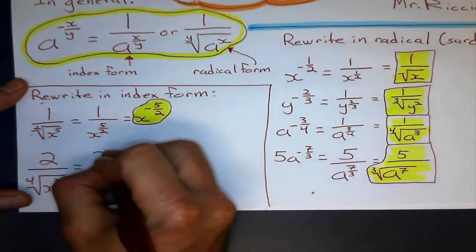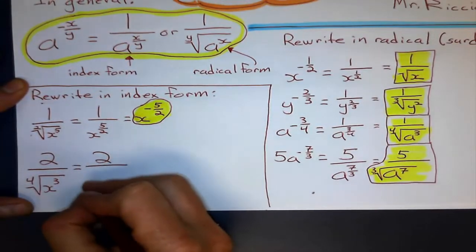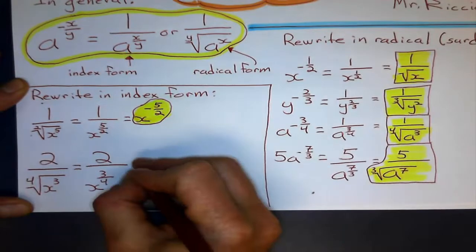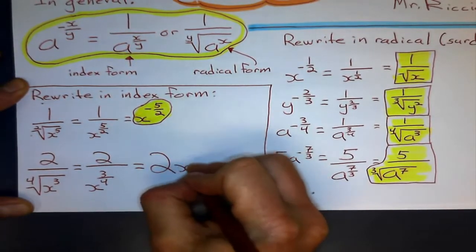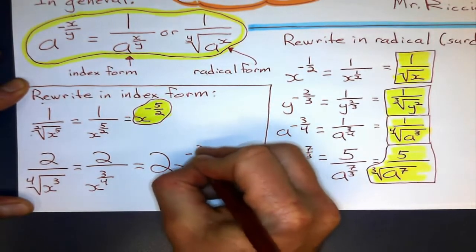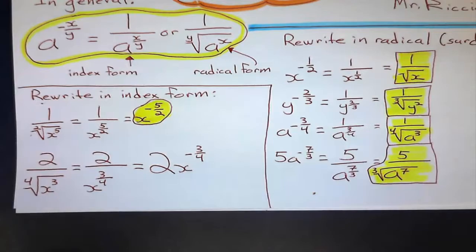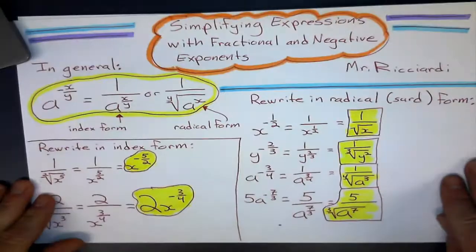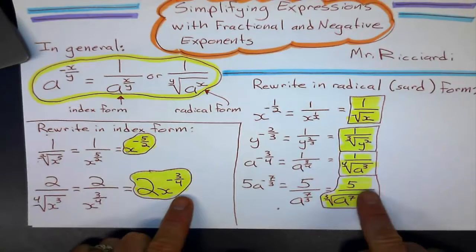Next one, 2 over that radical is going to be 2 over x to the 3/4. Now that's going to be 2 times x to the negative 3/4 when we get it out of the denominator.